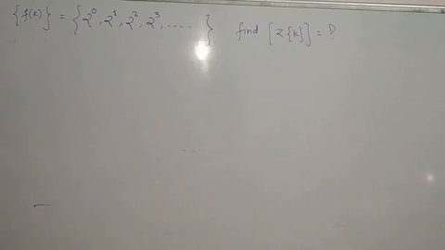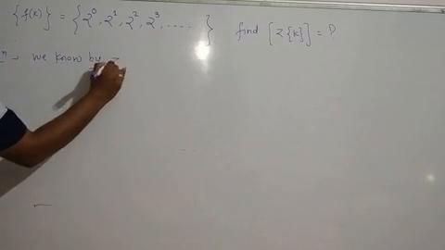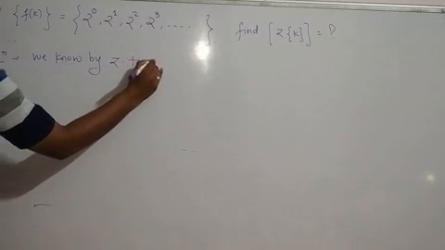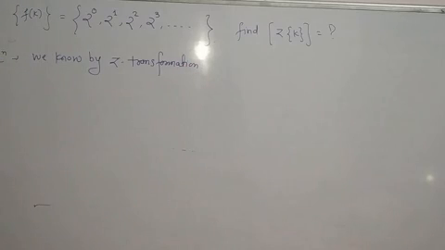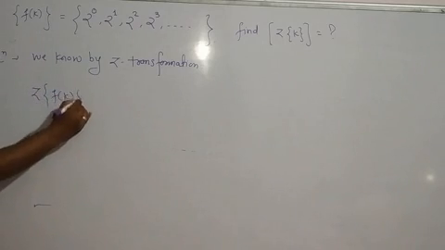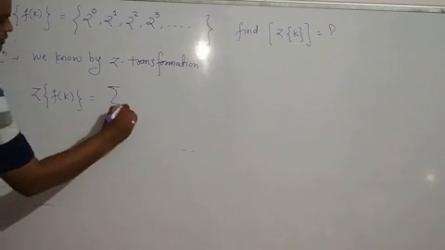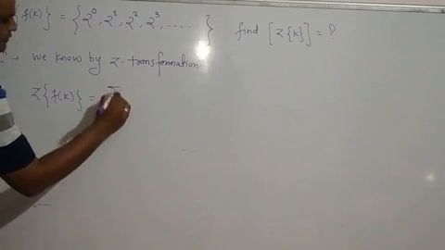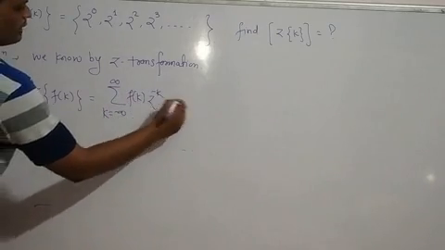Now the solution. So we know by the Z transformation, by definition, Z of f of k is equal to the summation from k equal to minus infinity to plus infinity of f of k z raised to minus k, right?